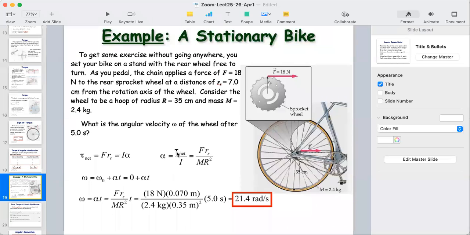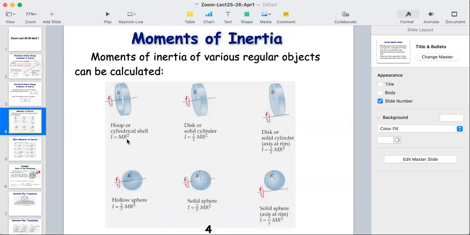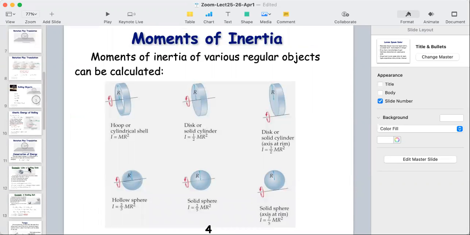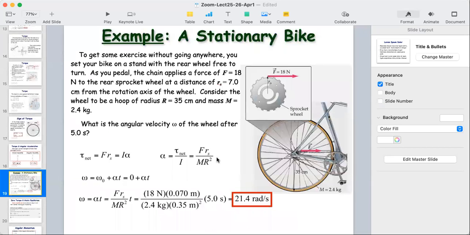Alpha is equal to the torque divided by I, which is F r divided by m r squared, because it tells you here to consider the wheel to be a hoop. If we go back to our table, for a hoop I is m r squared. Now we have that omega is equal to omega naught, the initial velocity, plus alpha t.